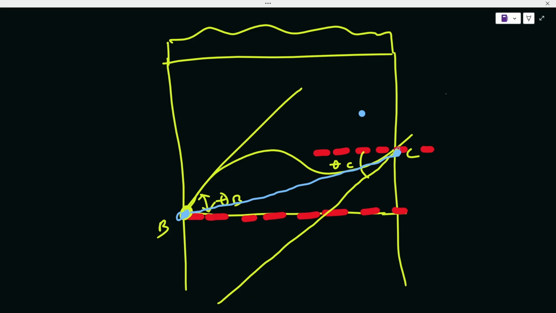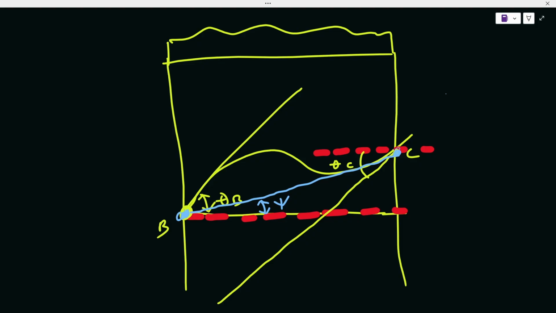Now, we have something called the chord rotation. The chord rotation is also with respect to the undeformed axis, the axis in red. Give it a symbol of phi.